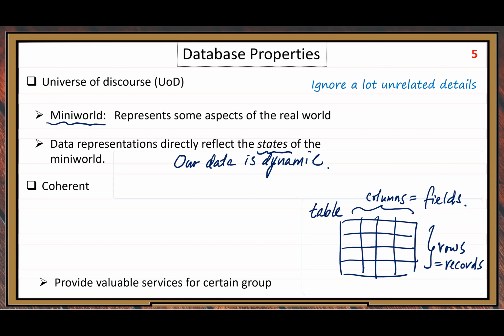Then you can make sure your data is logically coherent with some inherent meaning. Because for a person who is not quite familiar with the business details, he or she may not know if the data is right or not.